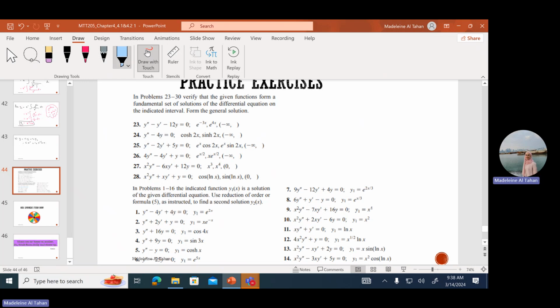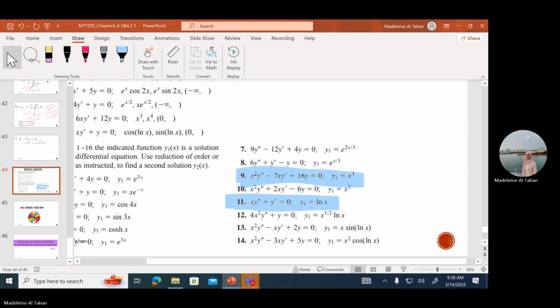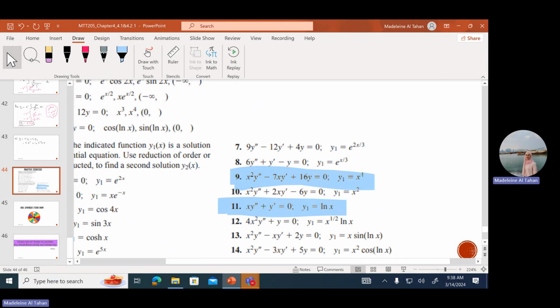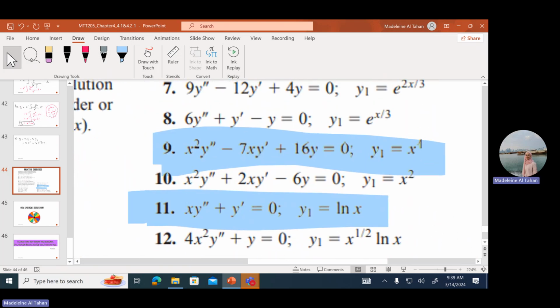Or we can try this one. Or this one. I will zoom in. We are given one solution. Are we able to see it clearly? Please do one of them and then we will do a discussion. Each two together, let's start. I will take it and then give you.